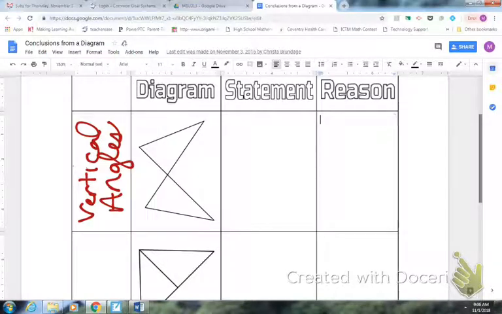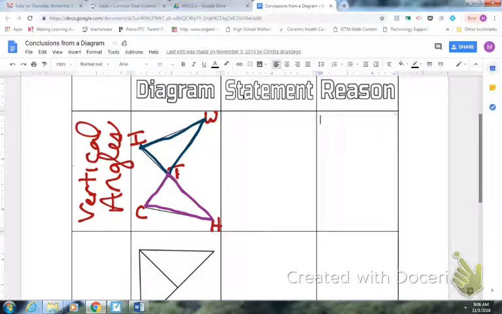Okay, so since yesterday was Halloween, let's give this diagram here some vertices. So let's name it witch, W-I-T-C-H. Notice I have two triangles in this picture, this top triangle here, and this bottom triangle here.